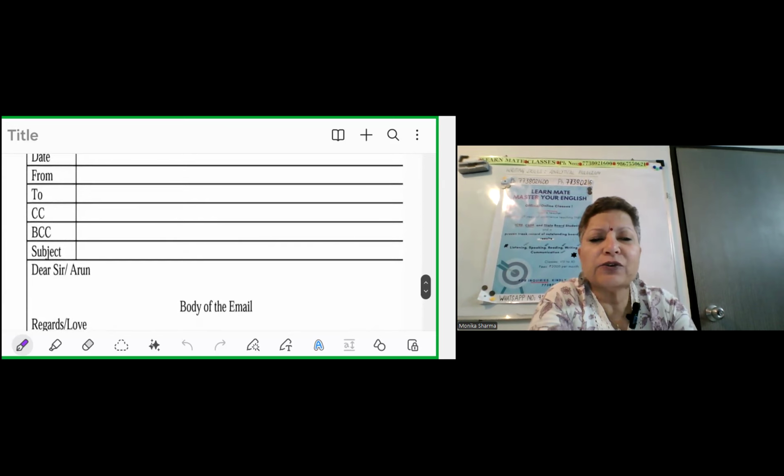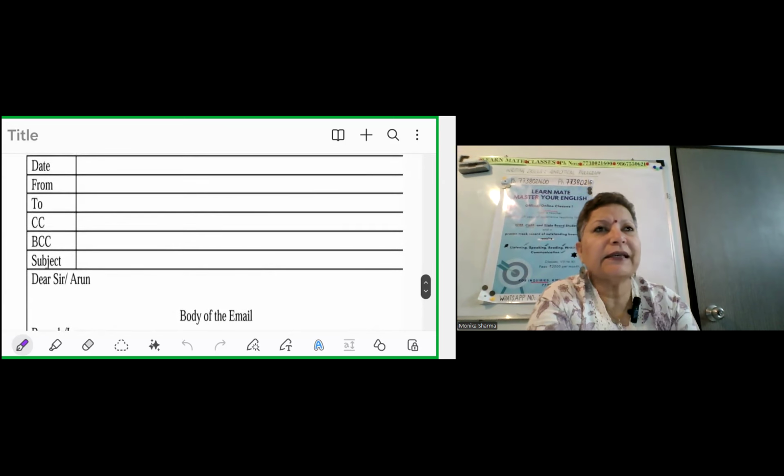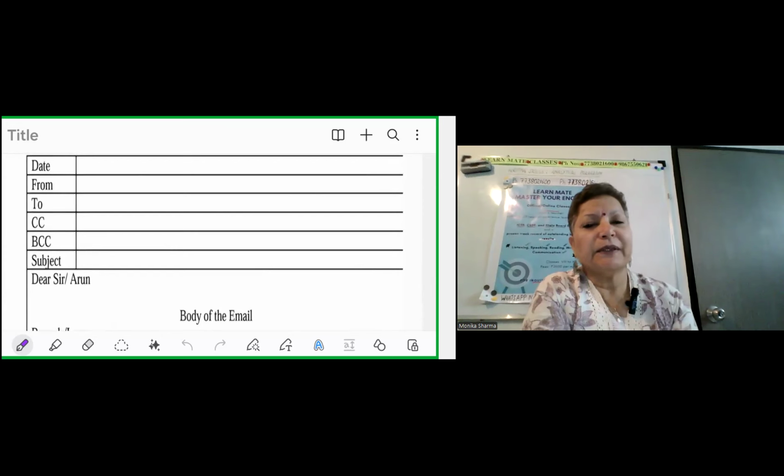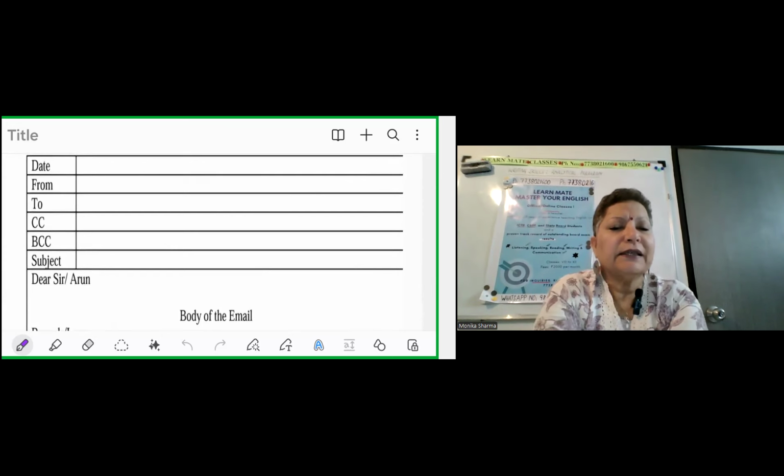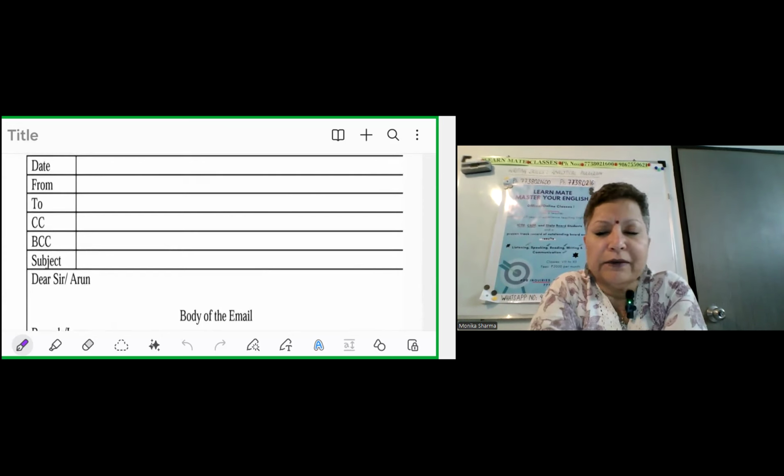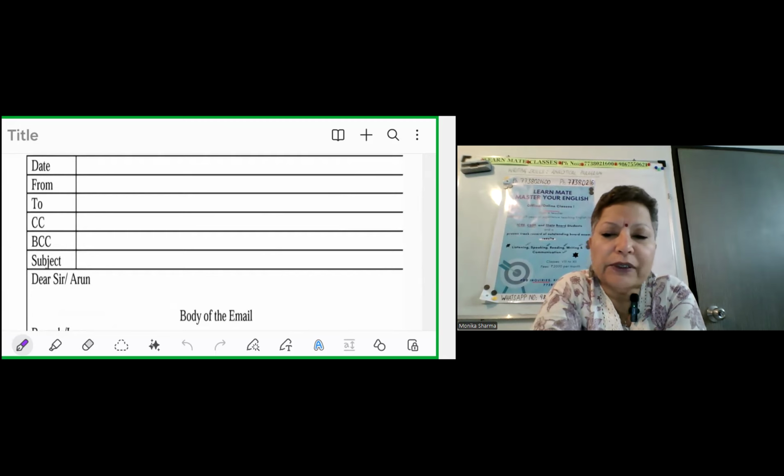So that is the to. CC and BCC are avoided here. CC, the full form, is carbon copy. BCC is blind carbon copy, in the sense that when you send a BCC to someone, the person to whom the mail has originally been sent, the to addressee and the CC addressee, are not able to see that you have actually sent it to the BCC person.